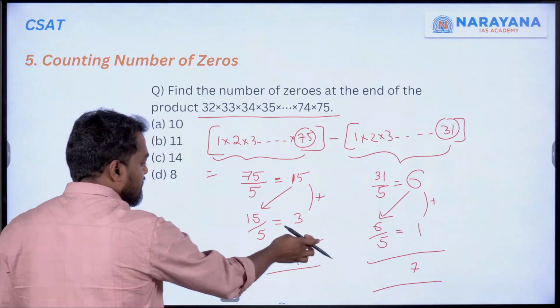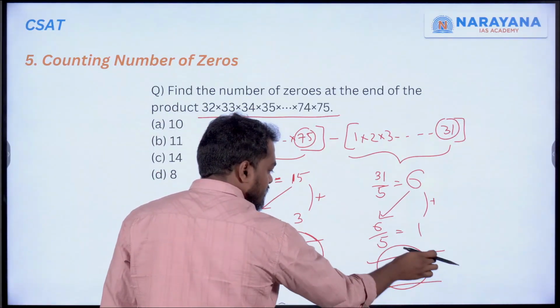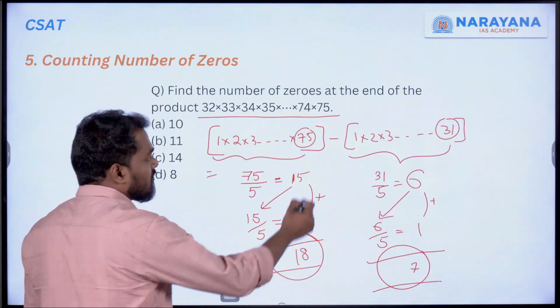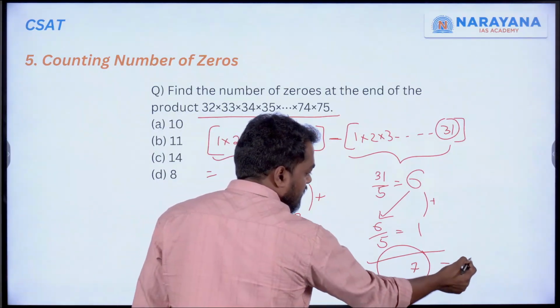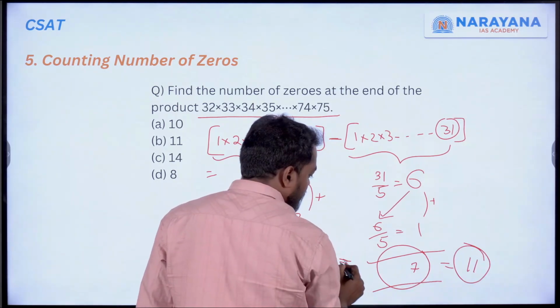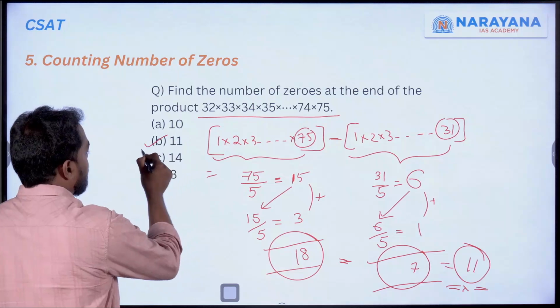Now the total number of zeros in the first is 18, and in the second is 7. Now we have to subtract. So 18 minus 7 is 11. What are the total number of zeros? That is 11.